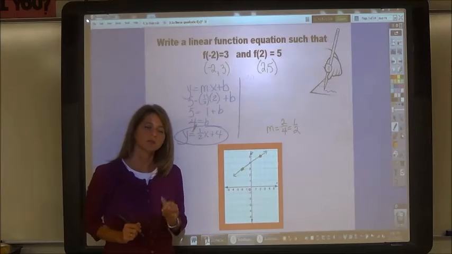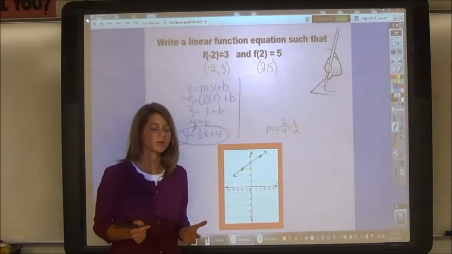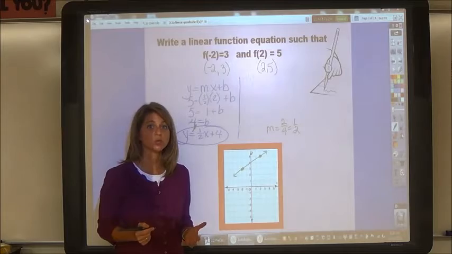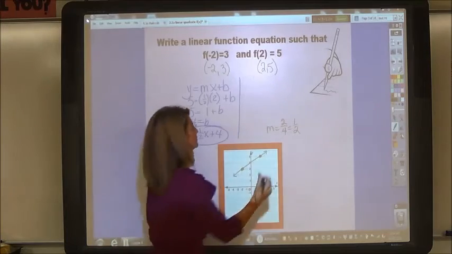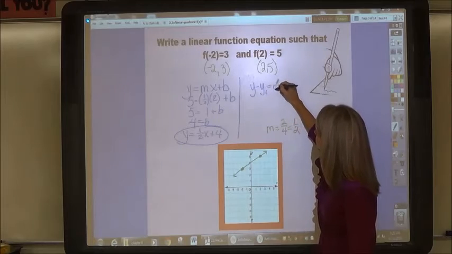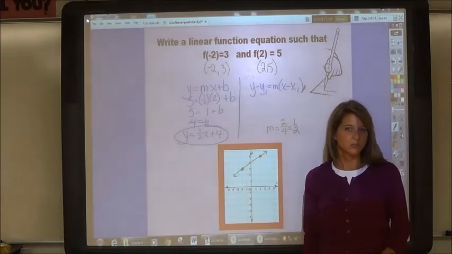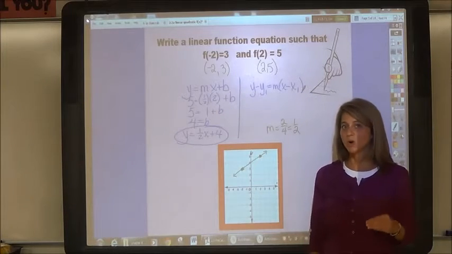That's one method. The other method is to use point slope form, and I know some of you know this formula and some of you don't. It's a good one to know just in case, so here goes. Sometimes it looks intimidating because you have this x1 and y1.